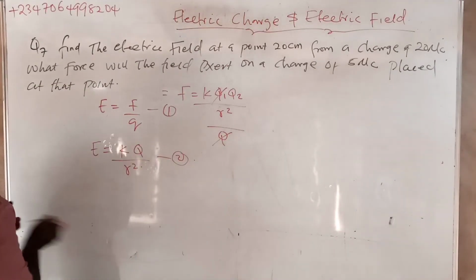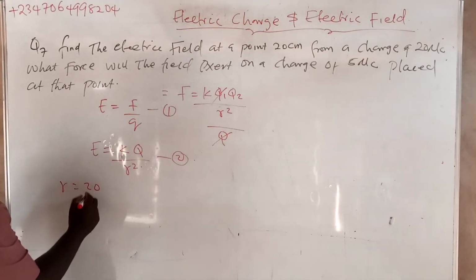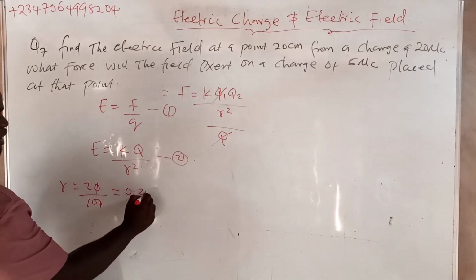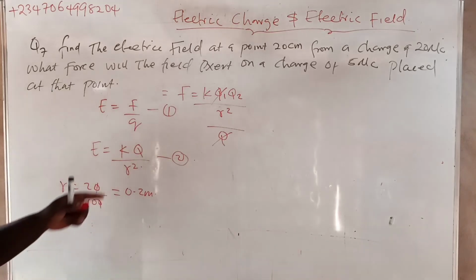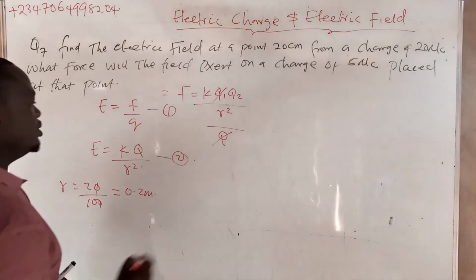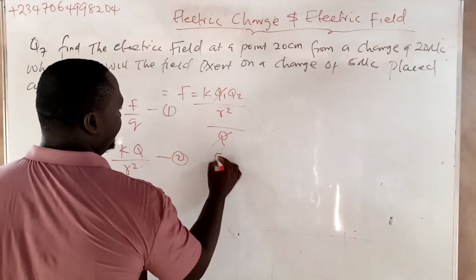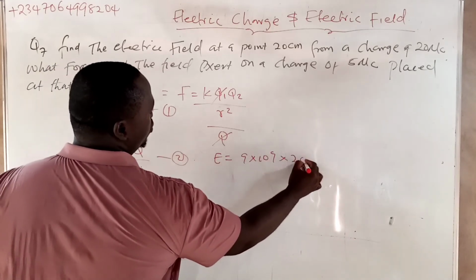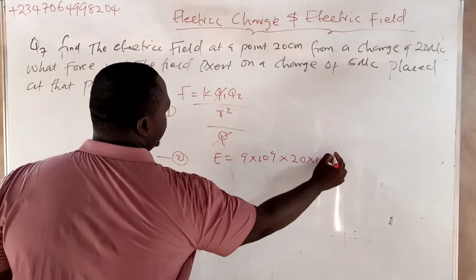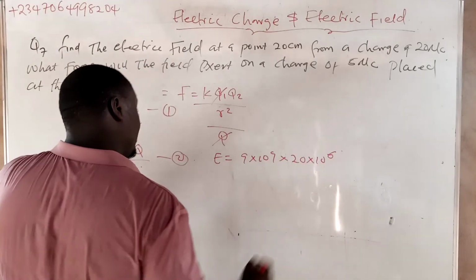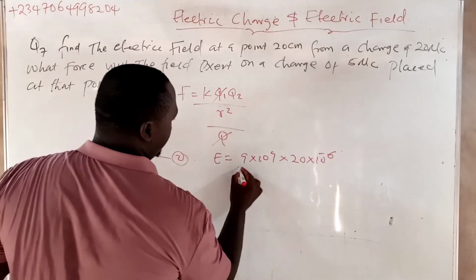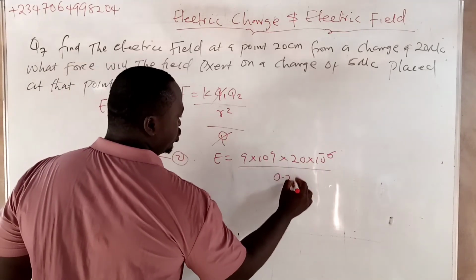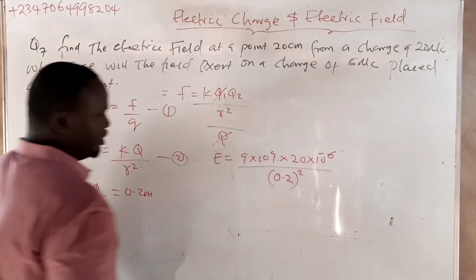Now, recall from the equation, find the electric field at a point. So you have your R to be 20 centimeters; you divide by 100 to convert it to meters. It has a charge of 20 microcoulombs. So your electric field here is 9 times 10 raised to the power of 9 times 20 times 10 raised to the power of minus 6, divided all through by your R, which is 0.2 squared.